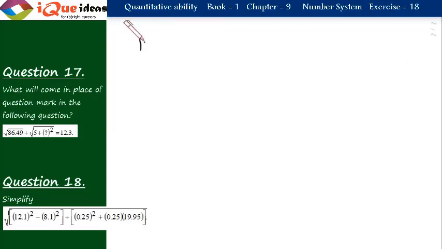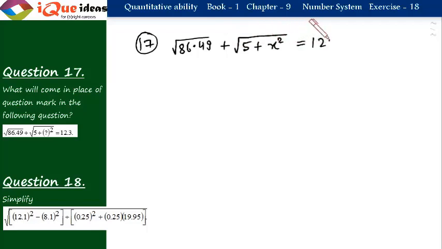Now let's take question number 17. It says, what will come in the place of question mark? So let's say the question mark is x. So we can write the question as square root of 86.49 plus square root of 5 plus x square equal to 12.3, right?